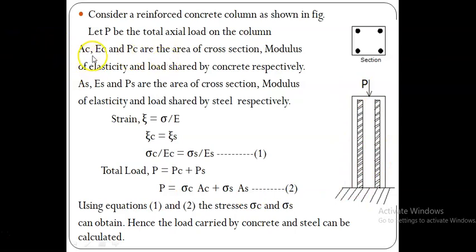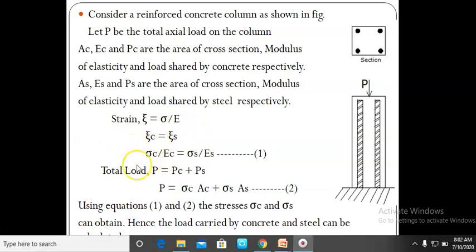Here AC, EC and PC are the area of cross section, modulus of elasticity and load shared by concrete respectively. Like that, AS, ES and PS are the area of cross section, modulus of elasticity and load shared by steel respectively. The strain in this composite member, epsilon, is equal to sigma by E. As per the assumptions of composite sections, epsilon C is equal to epsilon S, that is, strain in concrete is equal to strain in steel, which is equal to the total strain.